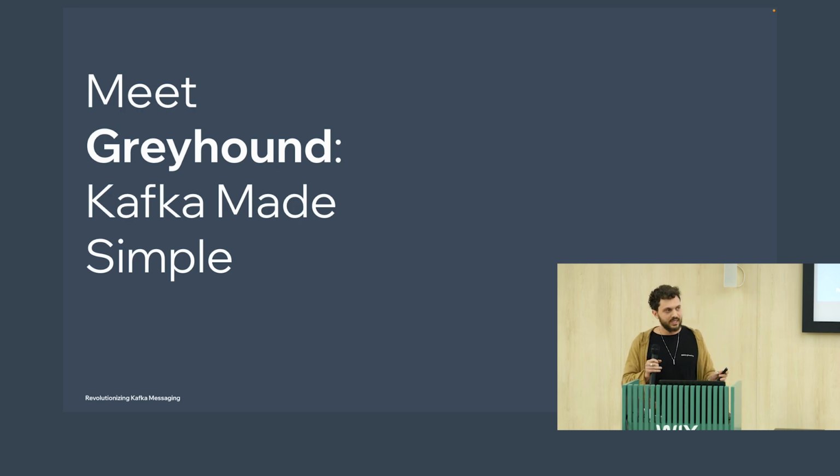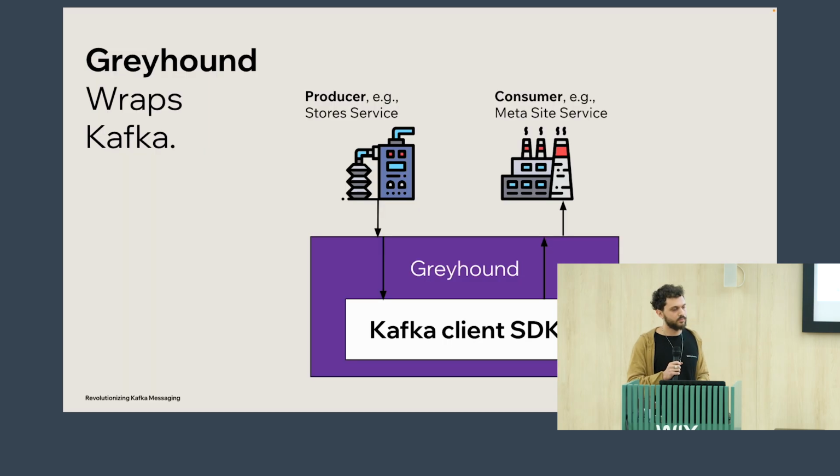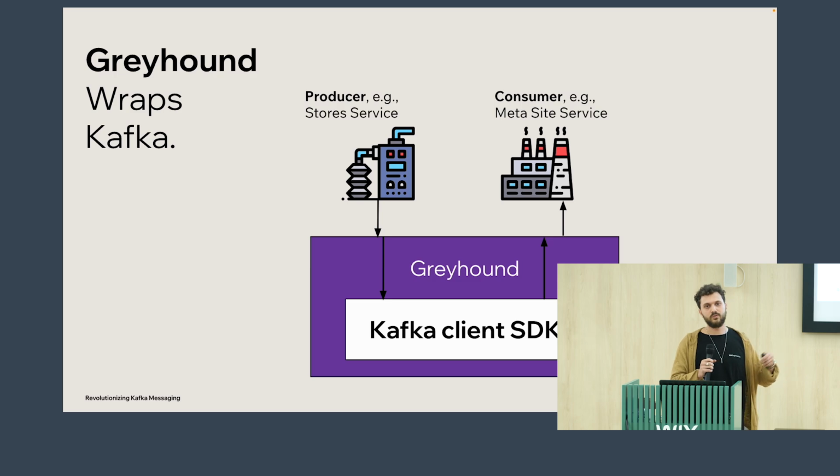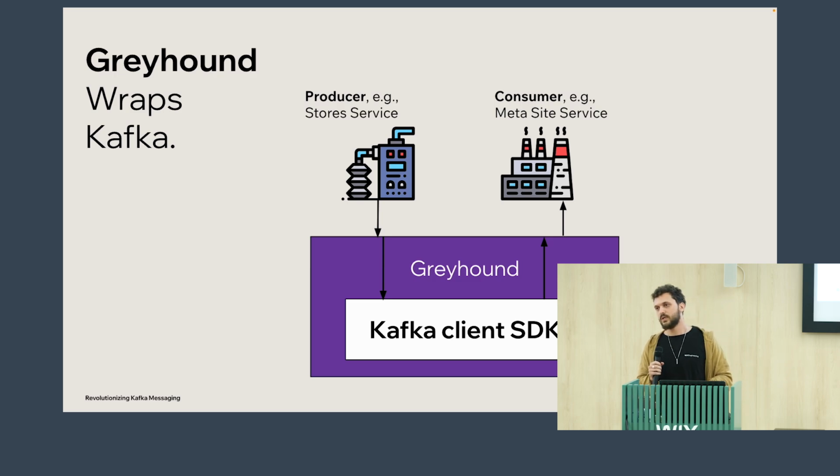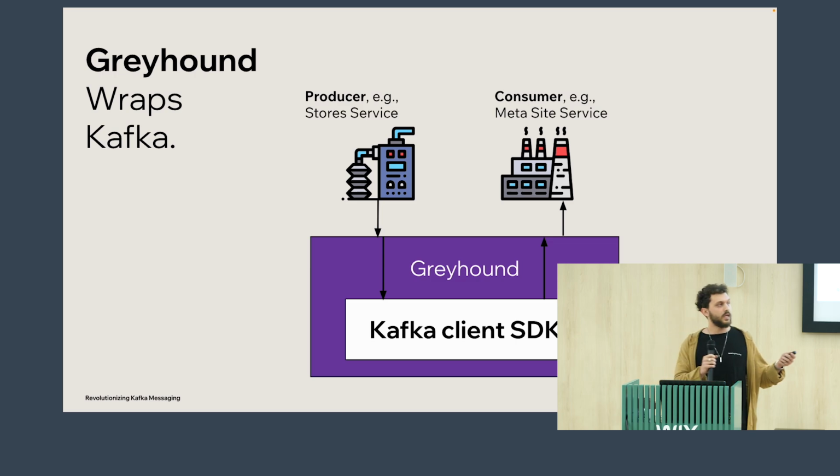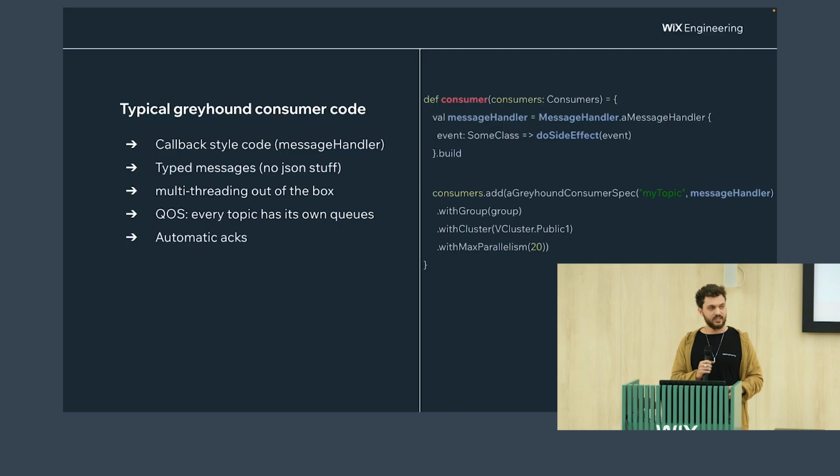In general, Greyhound wraps the Kafka client SDK to do all of this stuff for you. Whenever a service wants to produce or consume, it imports our library into its service. At the highest level, it wraps the Kafka client SDK and talks directly with Kafka. Now, how would such code look?